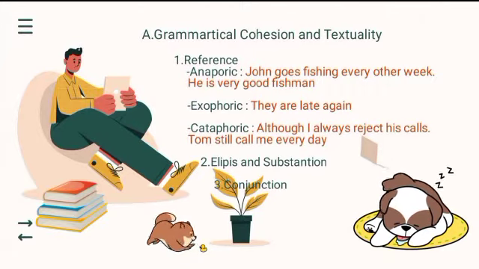Exophoric reference occurs when a word or phrase refers to something outside of discourse. Usually, the interlocutor already knows the meaning of the word or phrase that the speaker mentioned without having to explain it first. They are late again.